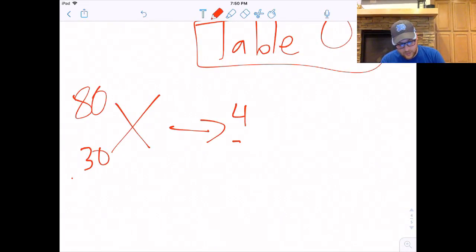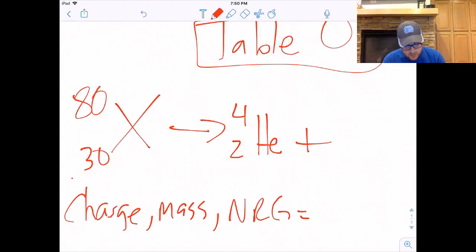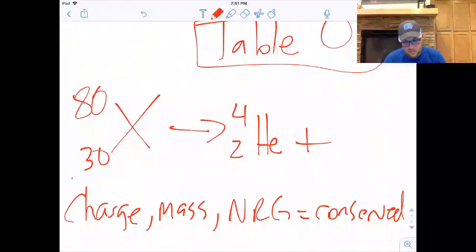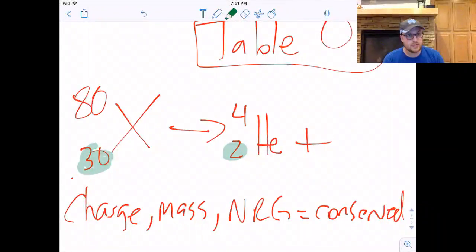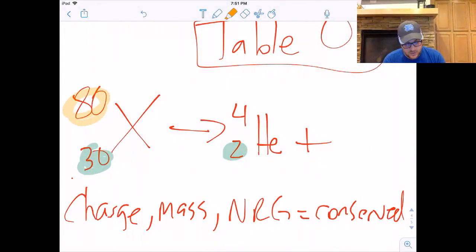In a reaction, charge, mass, and energy are conserved. So here, these numbers need to stay the same on both sides, and up top, these numbers need to stay the same on both sides. And if they're not the same, then we need to balance this.